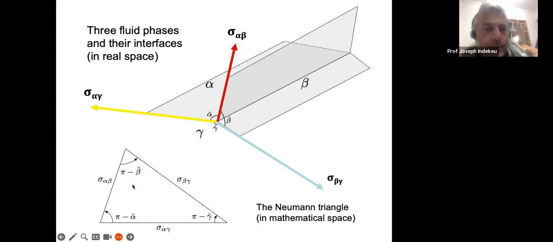And the angles of the triangle are the supplement of the dihedral angles. Now, the question is, how do we go from this mechanical representation of forces on the contact line to the construction of the Neumann triangle?